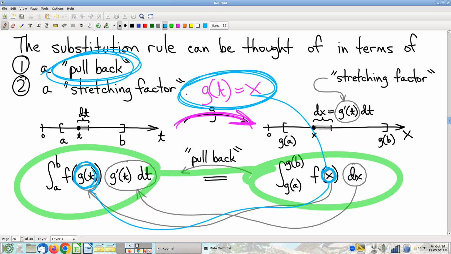So, a value of t turns into a value of x, but an expression written in terms of x pulls back through the function, you might say, to turn into an expression involving t's. It's just how the phenomenon of plugging in works, right? When you plug in, an expression in terms of x turns into an expression in terms of t. And it's backwards, right? It goes this way, opposite of the direction of the function. Everybody okay with that?